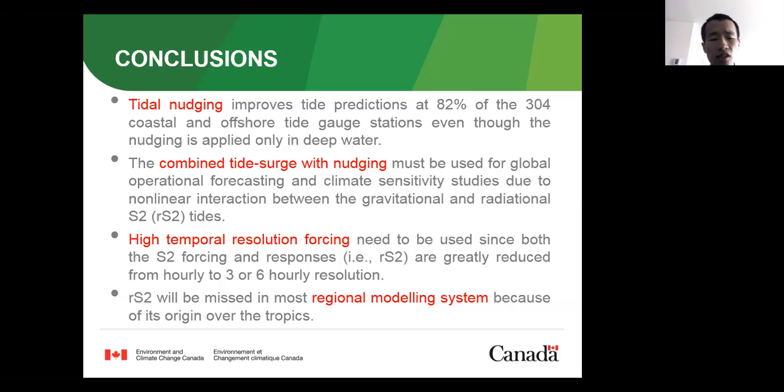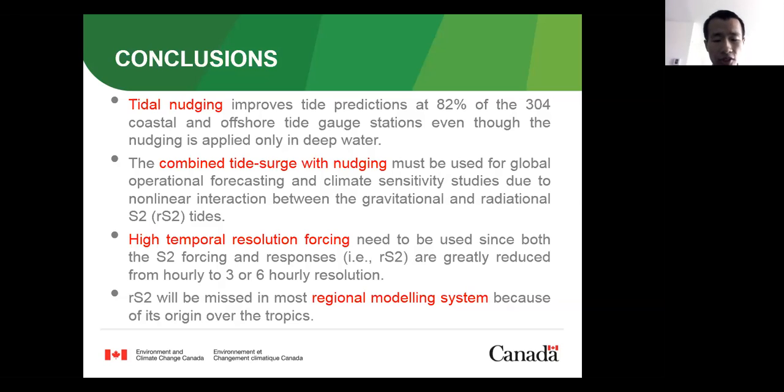Secondly, we demonstrated that the combined tide surge with nudging must be used for global operational forecasting and climate sensitivity studies due to the interaction between the gravitational and radiational tides. We also show that high temporal resolution forcing needs to be used because both the S2 forcing and the responses are greatly reduced from the hourly to 3 and 6 hourly resolution.